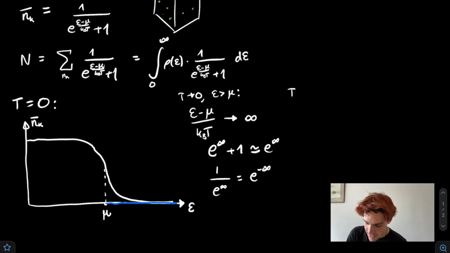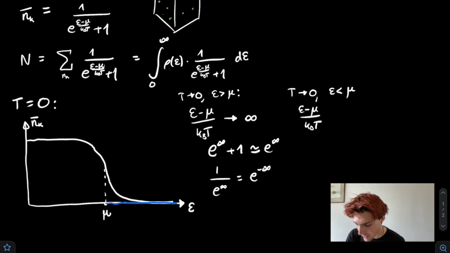So as T tends towards 0, but for epsilon being less than the chemical potential. Well, in this case, you're going to have (epsilon minus mu) over kBT. This time you've got epsilon minus mu, but of course epsilon is less than mu, so this whole term is going to be negative.